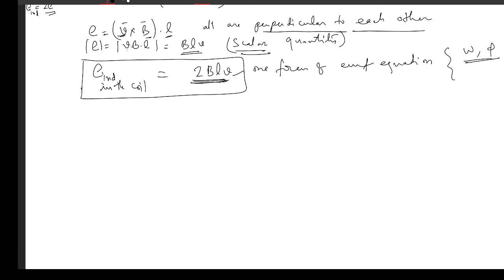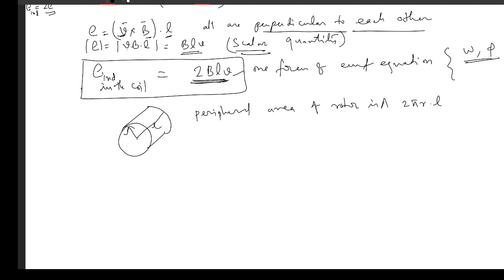Now, the rotor is of length L and radius R. So the peripheral area of the rotor is 2 pi r into L. This is the total peripheral area of the rotor.